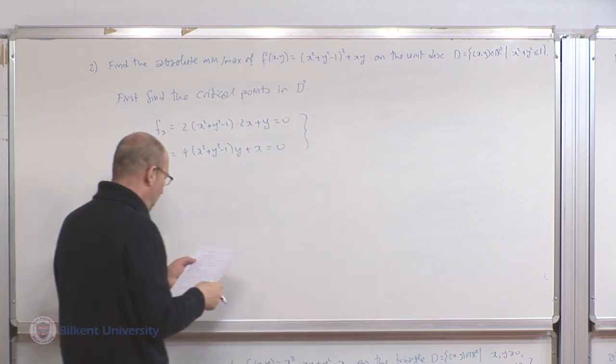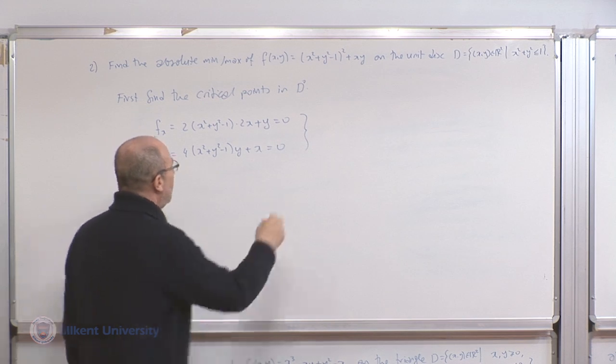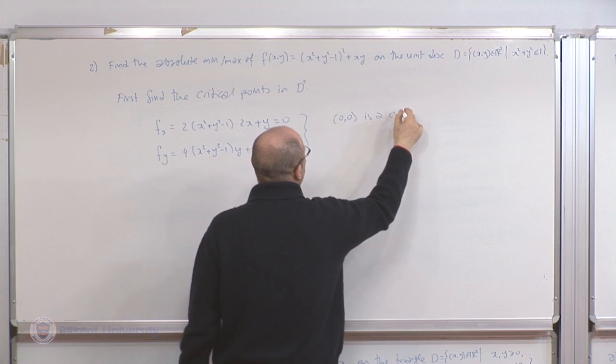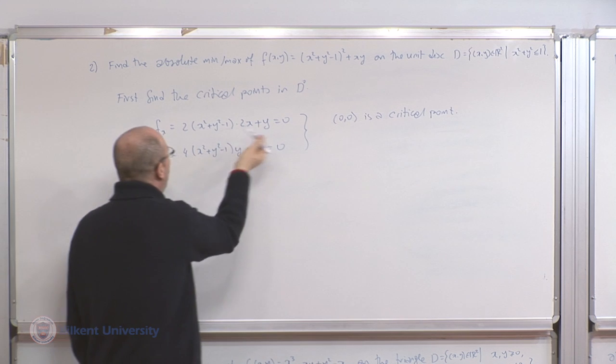So first of all, (0,0) is a critical point. Okay, so obvious.